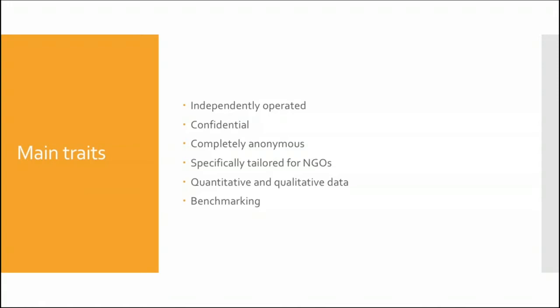However, they tend to be very generic tools that don't specifically tackle or address issues that may be relevant, as I said, for non-governmental organizations and the power dynamics that are present in them. It is a tool that collects both quantifiable data, so perceptions from staff and volunteers that are quantified, but also qualitative data.